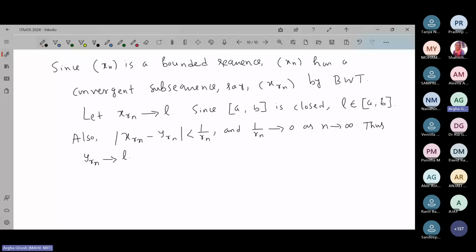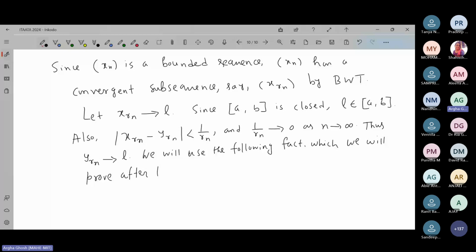So we'll use the following fact, which we will prove after this theorem.